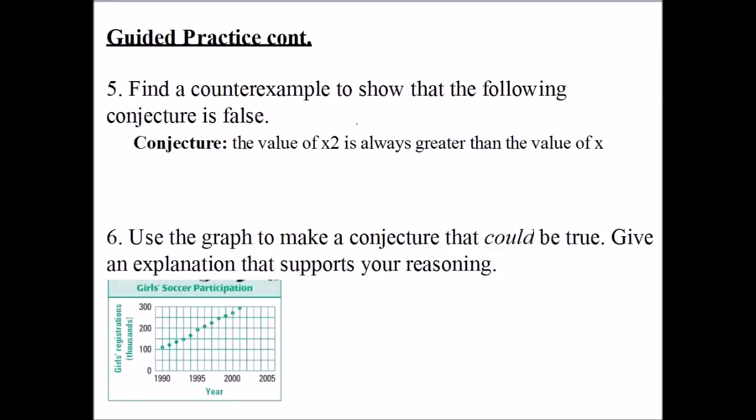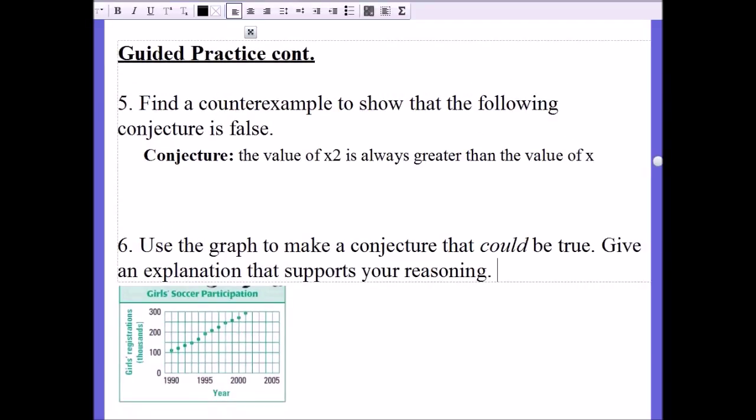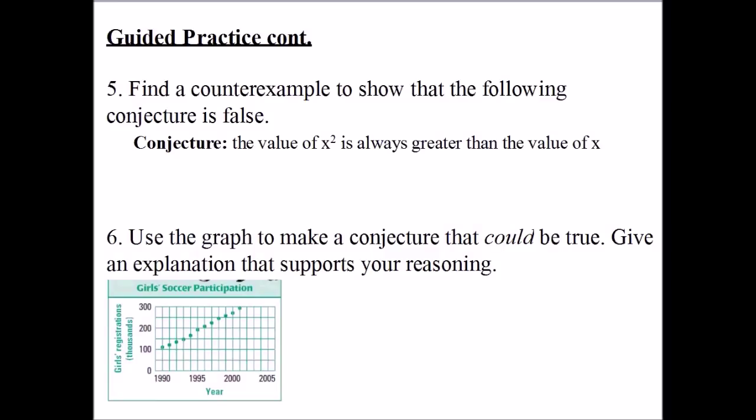Number 5, find a counterexample to show the following conjecture is false. The value of, and that should be an x squared, so let's go ahead and change that now. Okay, so the value of x squared is always greater than the value of x. So let's say 2 squared, that's going to be 4. If I had x squared, then my x is always the base.